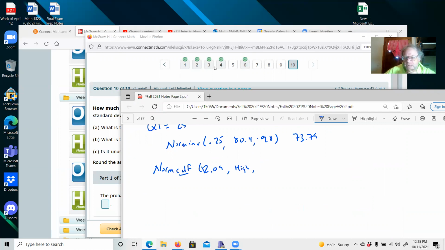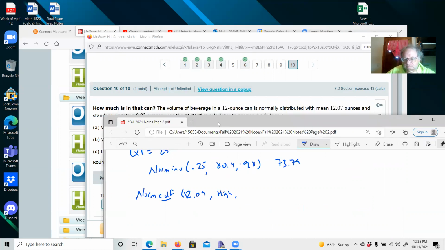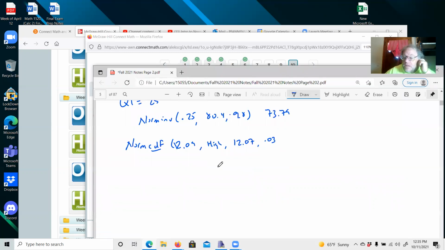Our mean was 12.07 and our standard deviation was 0.03. So we need to pick a number that's relatively large if we have to count by 0.03s. We're counting 3 pennies at a time. How many sets of 3 pennies are you going to need to get to another dollar? It's quite a few.